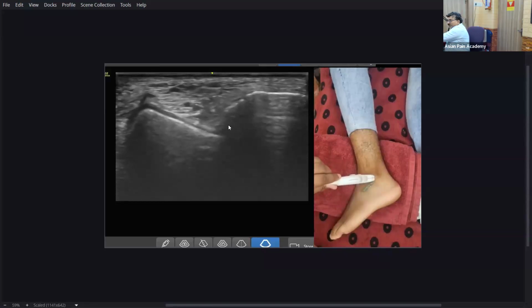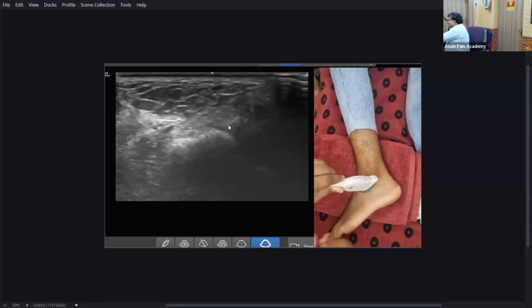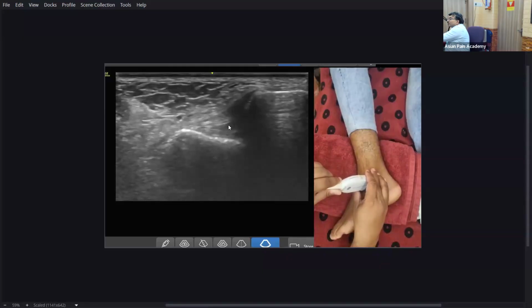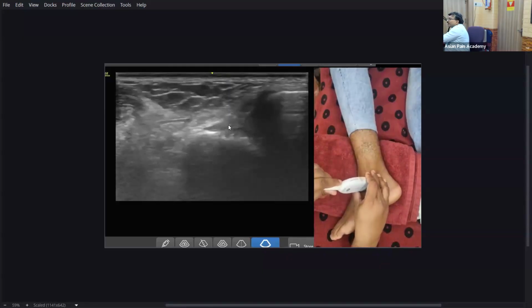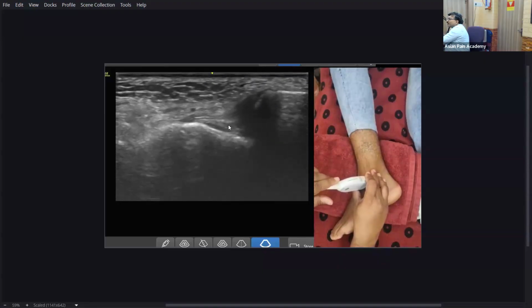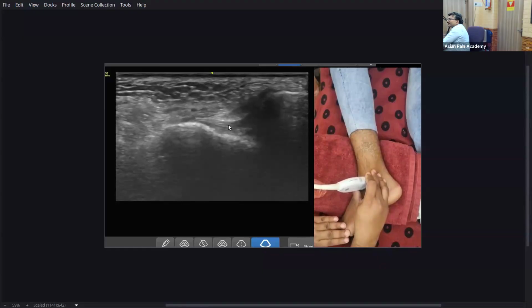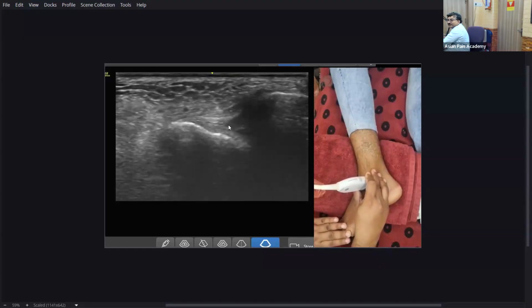I am just doing it with the other hand. I am just rotating it like this. But remember, you don't miss out the fibula. One side you should keep fixed at the fibula, then only you will get the other over the talus. So this will be the anterior talofibular ligament. Clear?